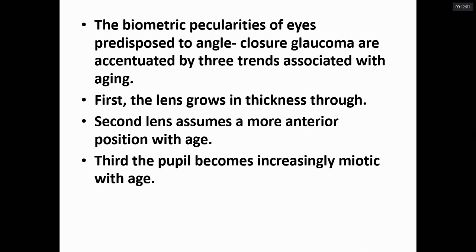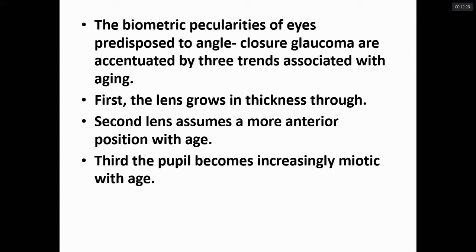The biometric peculiarities of the eyes predisposed to angle closure glaucoma are accentuated by three traits associated with aging. Mostly this angle closure comes in females around 40. So what changes with age, as given by the biometric relations? The lens grows in thickness.